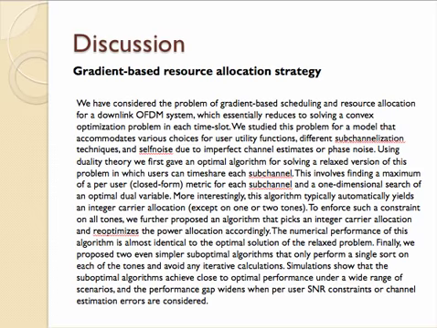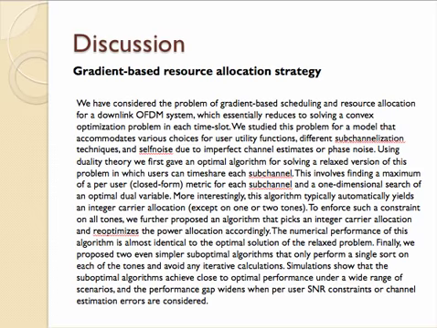Using duality theory, we first gave an optimal algorithm for solving a relaxed version of this problem in which users can timeshare each sub-channel. This involves finding a maximum of a per user metric for each subchannel and a one-dimensional search of an optimal dual variable.